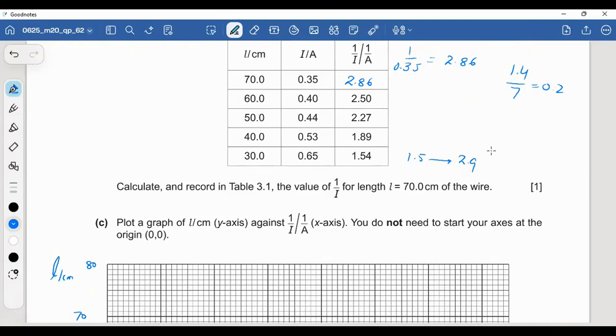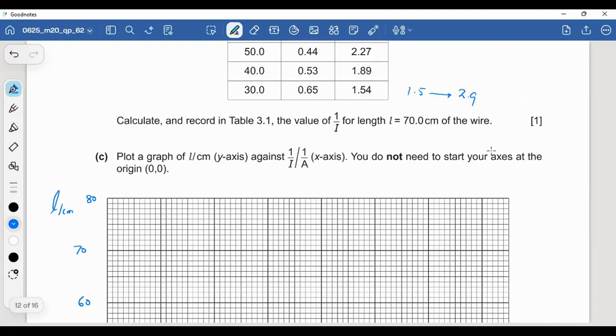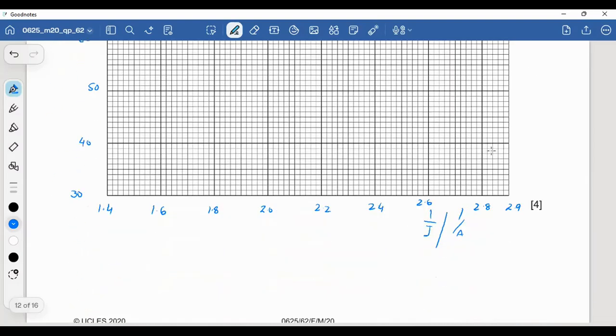For that we have to be very precise, to about half of a small box. For 30, the value was 1.54. How do we get 1.54? First, 1.54 minus 1.4 is 0.14. What does one small box represent?